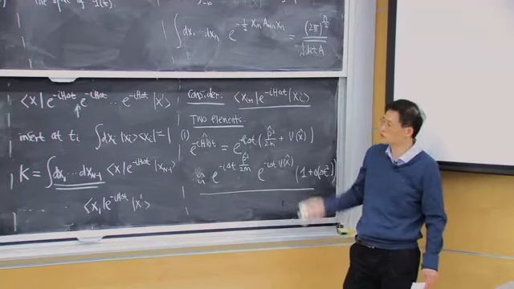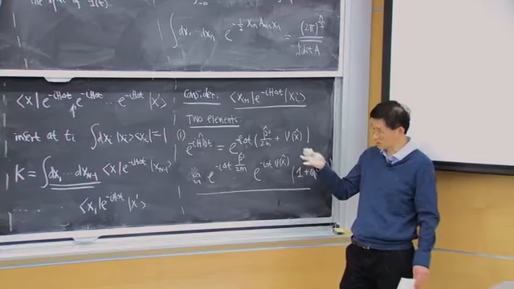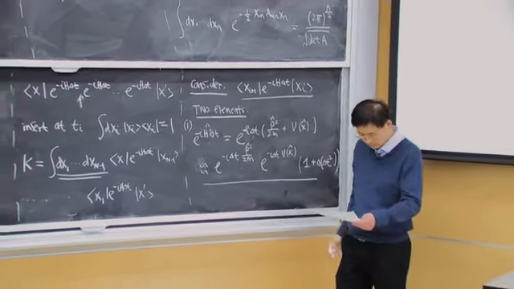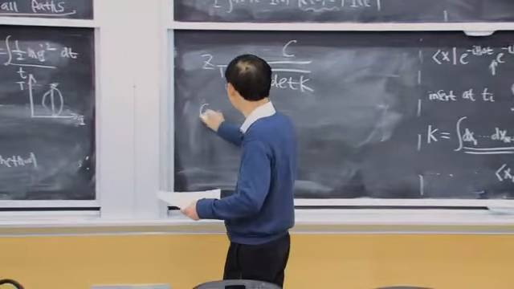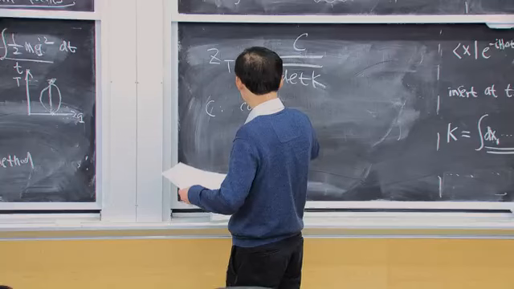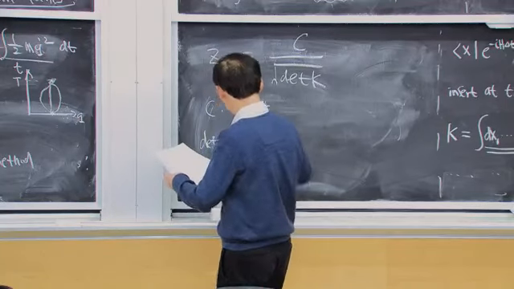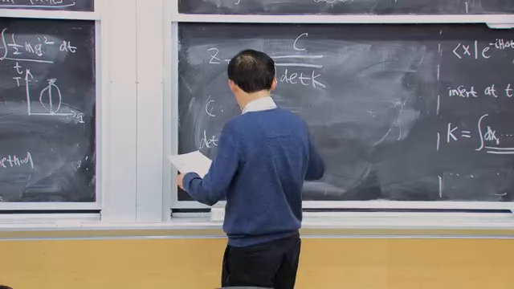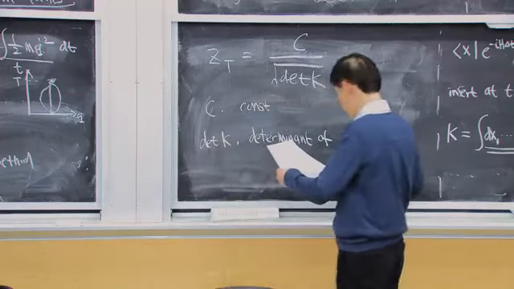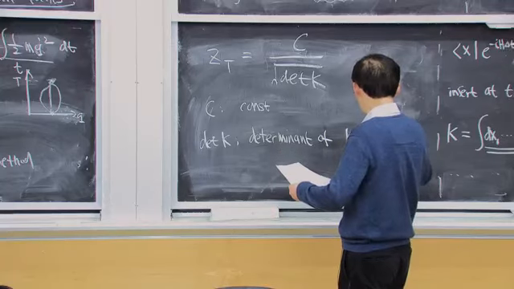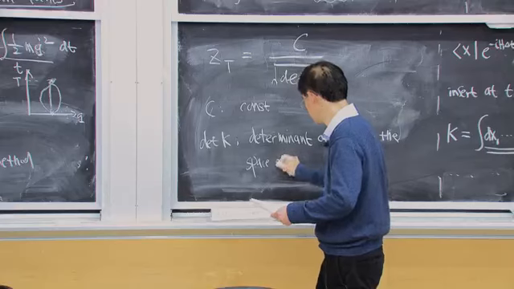So the only unfortunate thing is that both C and the determinant of K are actually divergent. C is some constant, and the determinant of K is the determinant in the space of functions.